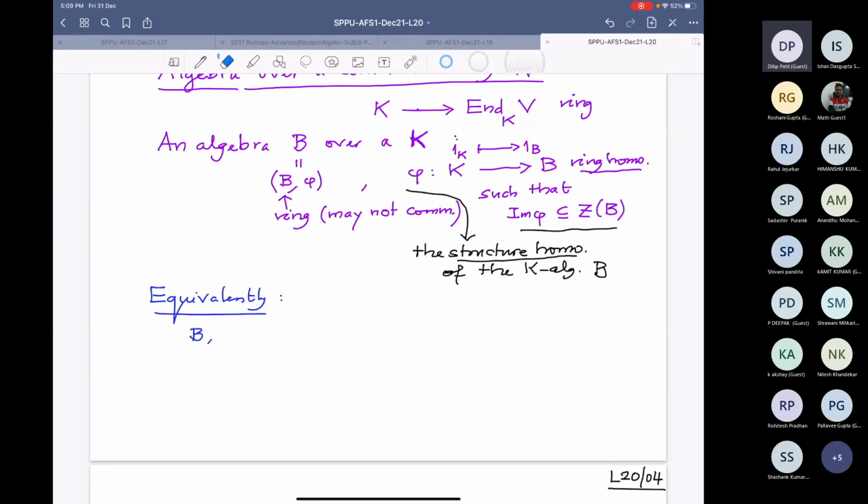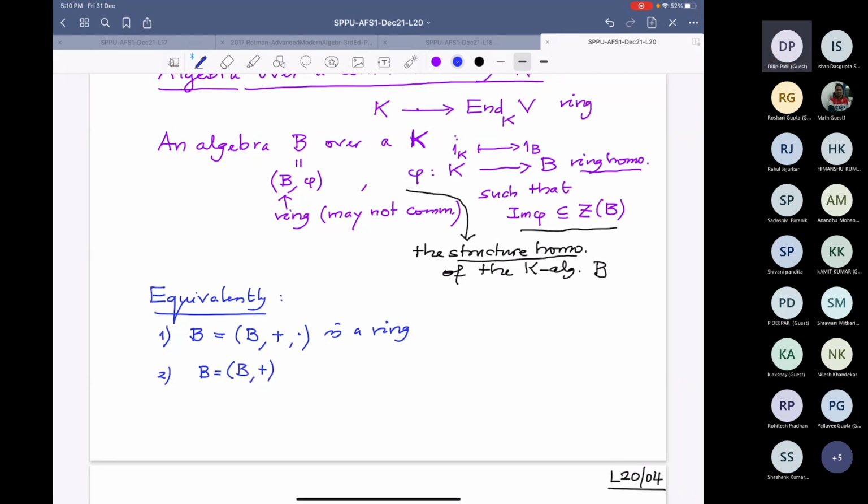Let me write now a little bit more precisely: B equal to B plus dot is a ring. That is first. Second, B with B plus.